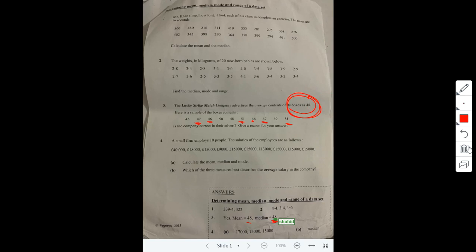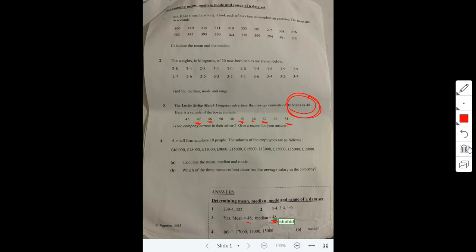But if the mode was 47, would you write no because the mode is 47, but only the median and mean are 48? Or do you look at whichever are most the same and write that as the answer?